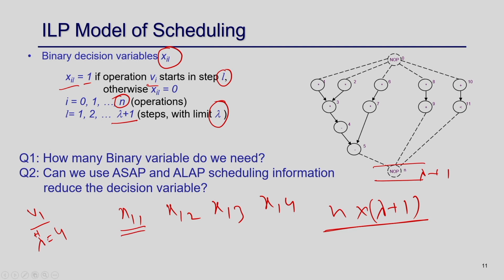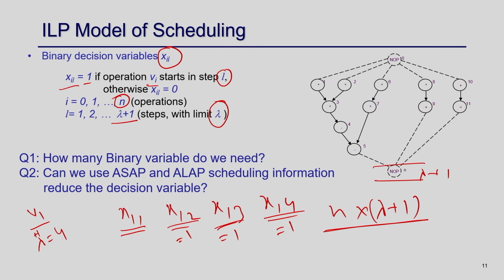If it is scheduled in timestamp 2, then this is 1 and the other variables will be 0. If v1 is scheduled in timestamp 3, then this will be 1 and the rest will be 0. Similarly, if v1 is scheduled in timestamp 4, then this will be 1 and the rest of the variables will be 0.